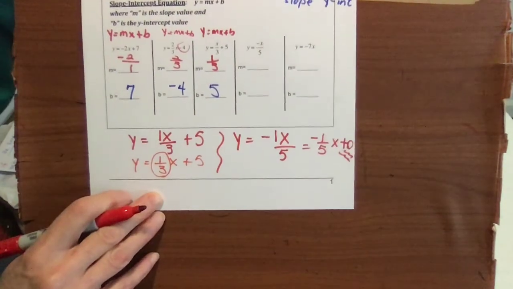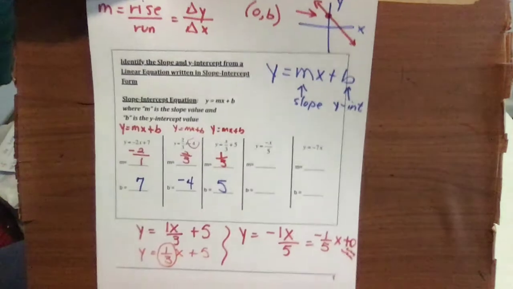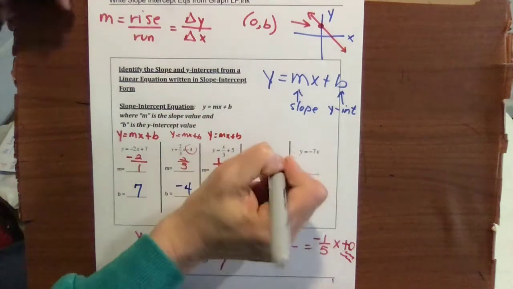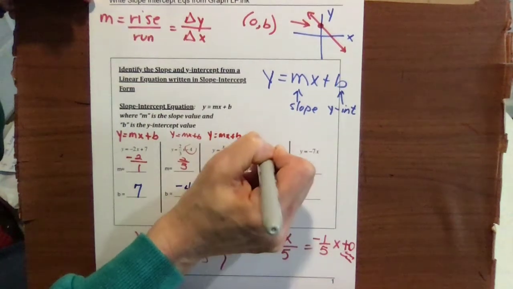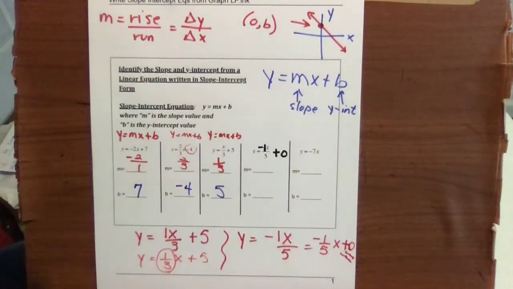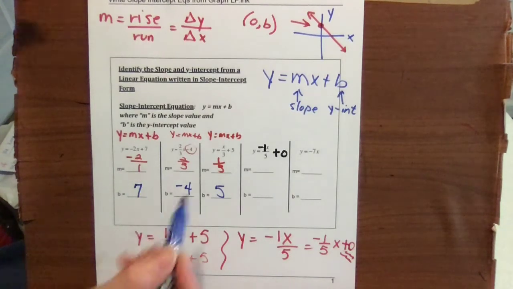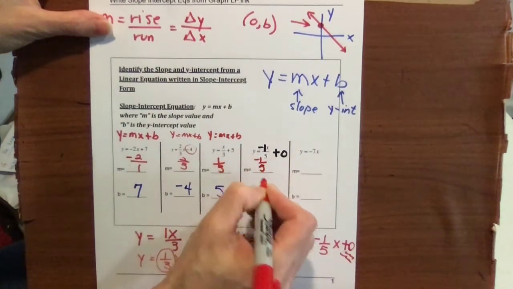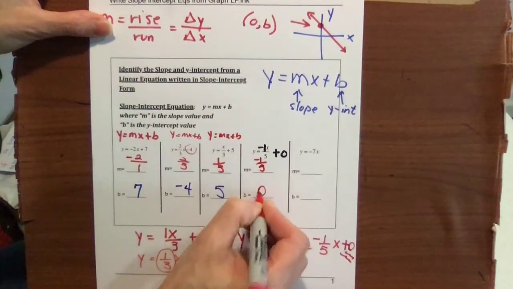So 0 would be the number, but we never write anything with a plus or a minus 0. So if you want to do that here, you can. You can just put it on here for yourself. Put that negative 1 in front there because it was a negative x. And so when we pull off our slope, it is going to be negative 1/5, and our y-intercept is going to be 0.